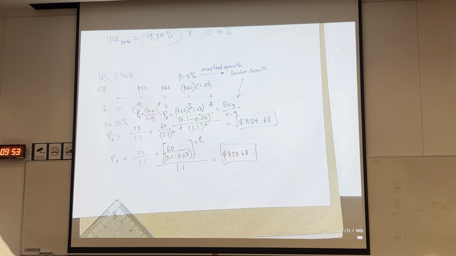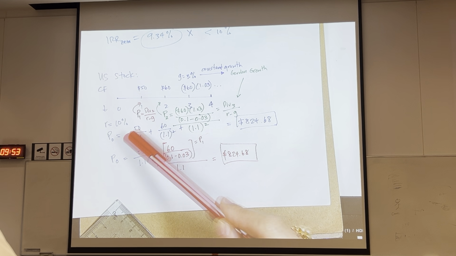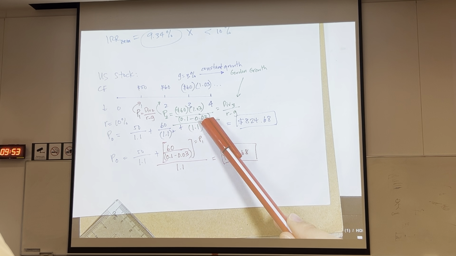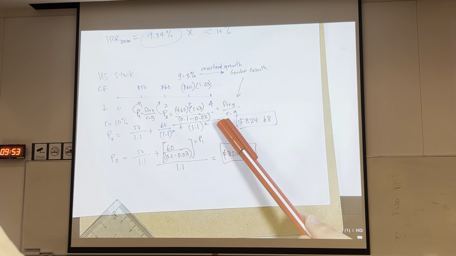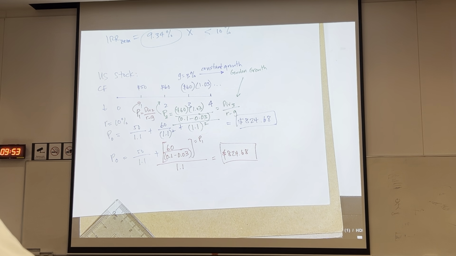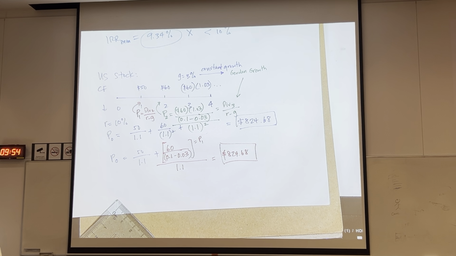I would rather just do this because it's shorter, but the first method could be clearer because you're going all the way to the next period. So this is the so-called two-step process, and there are 2 ways to compute it, depending on when you want to stop.